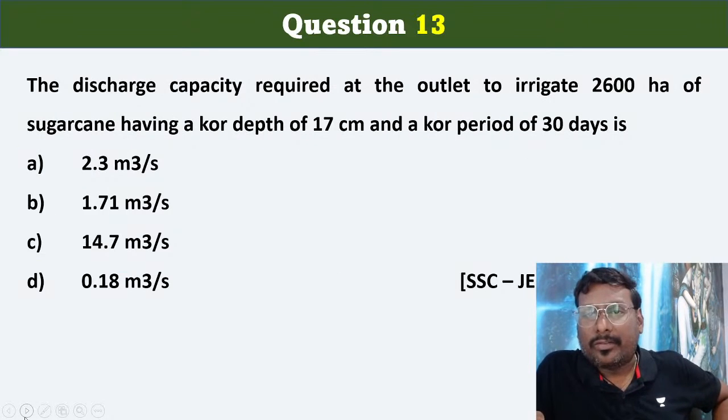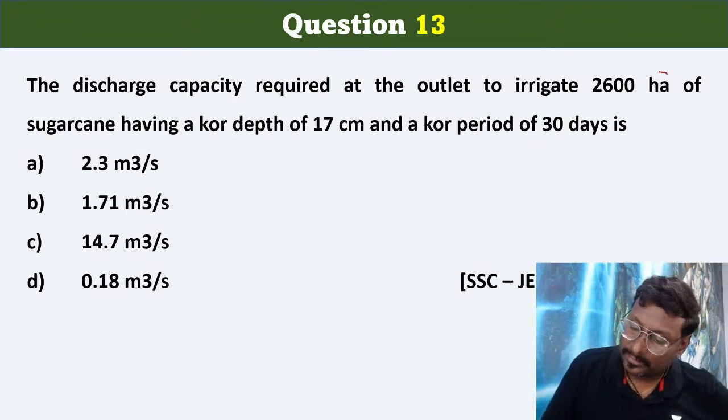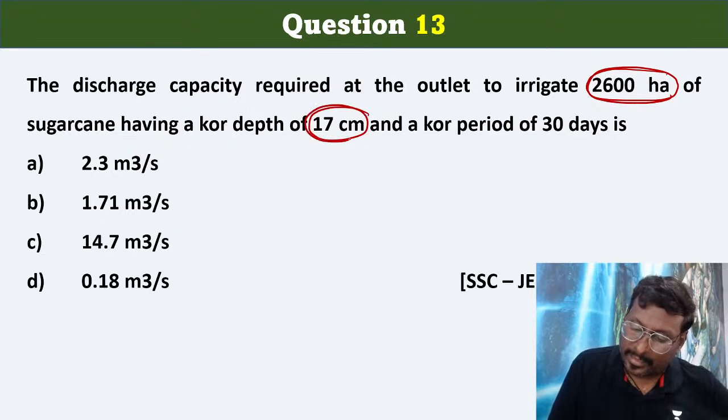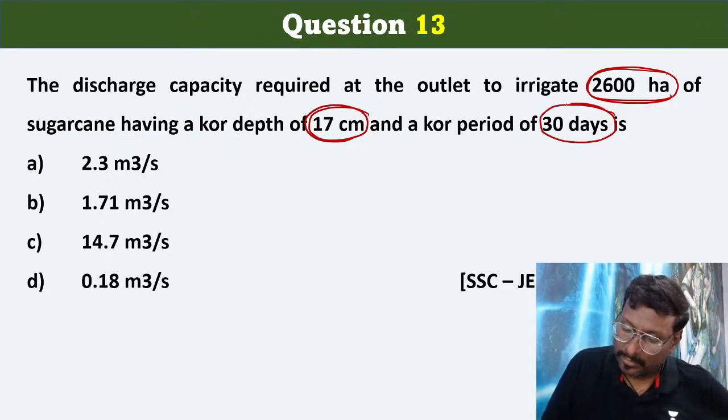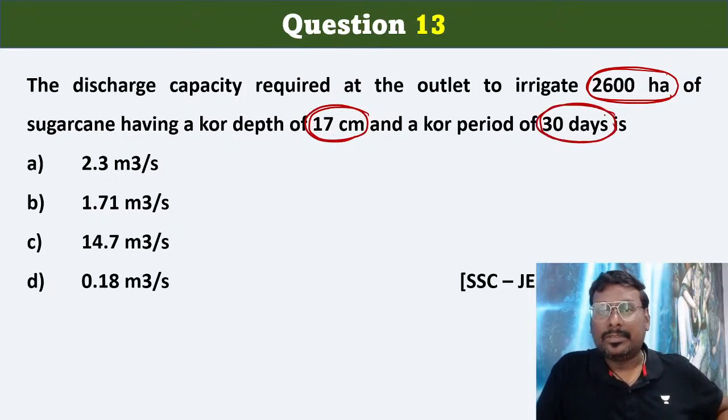Discharge capacity required at the outlet to irrigate 2,600 hectares, 17 centimeter, 30 days.